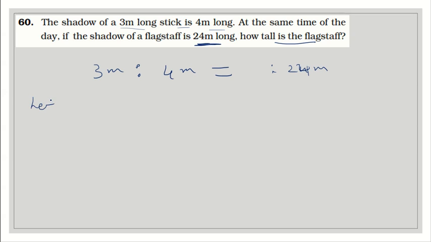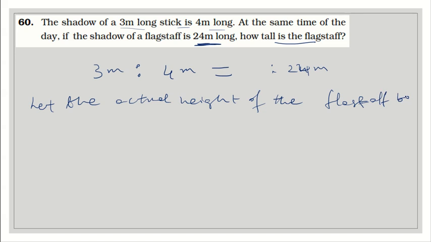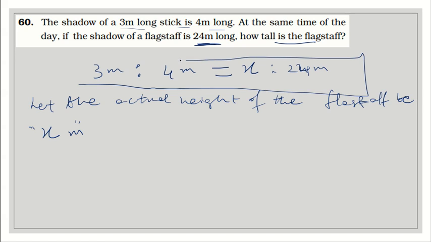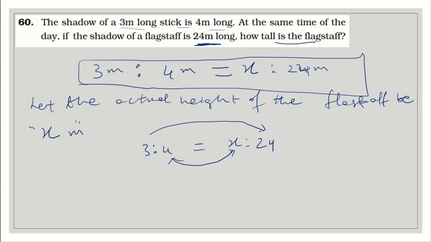So we will assume, let the actual height of the flagstaff be x meters. That means here we get 3:4 equal to x:24. This is proportion, and product of means equals to product of extremes.